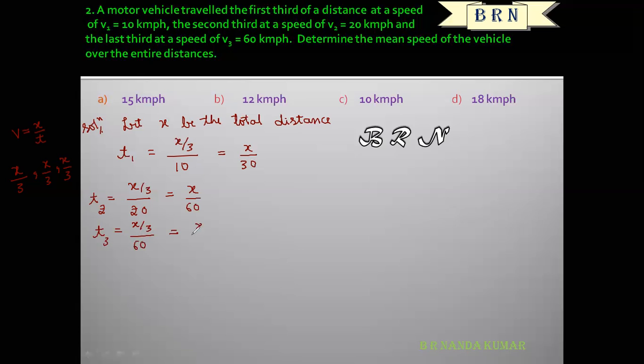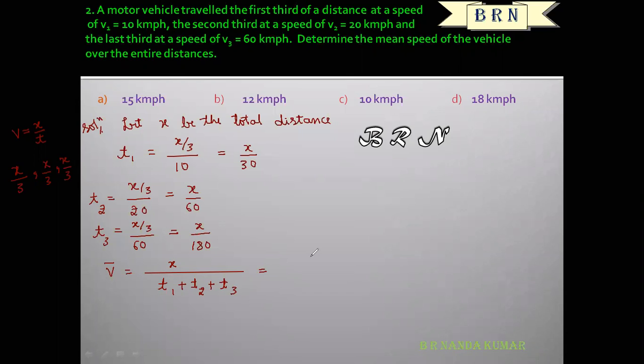So X divided by 60 into 3, that is 180. Okay, so average speed is equal to the total distance covered by the motor vehicle divided by the total time taken. So total time taken is T1 plus T2 plus T3.